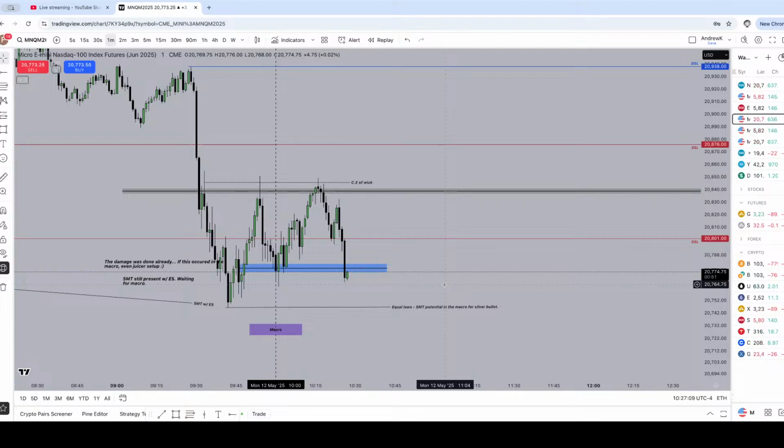Now, I'll put that alert on ES. So you want to put that alert on ES, that low that we talked about. So you should see an alert on the screen when ES hits that low.